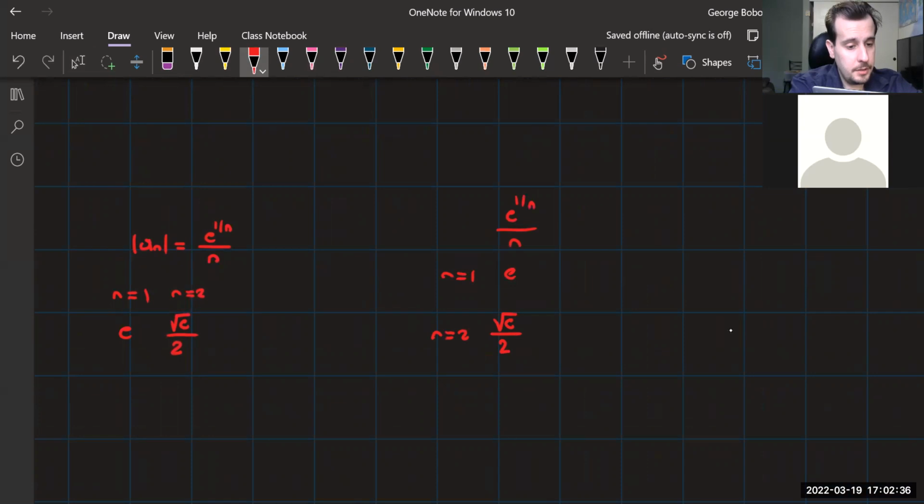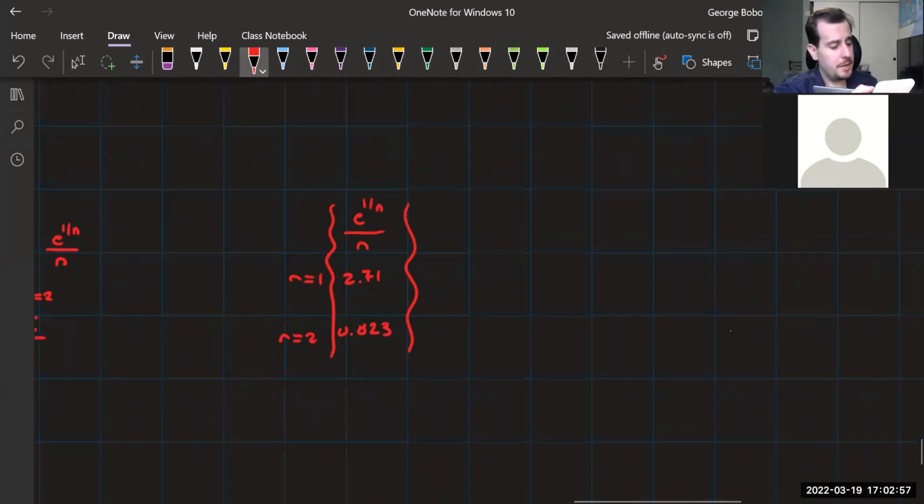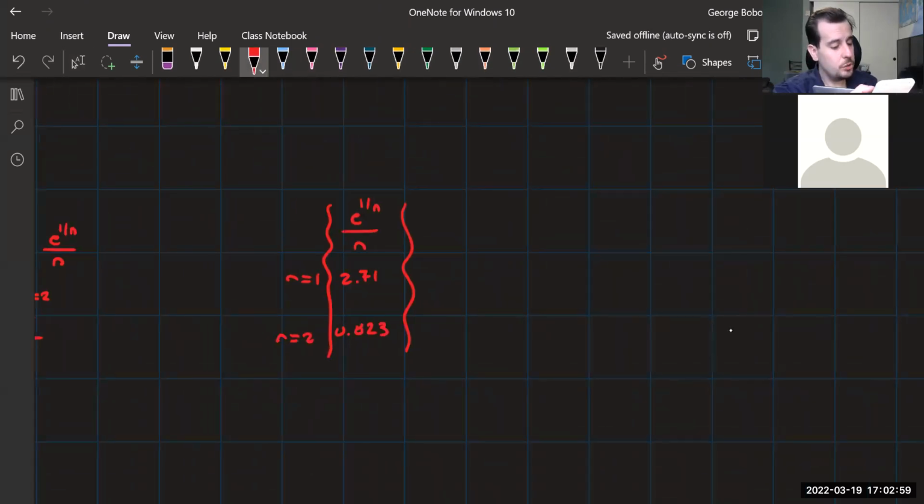Root of 2.71 divided by 2 is around 0.823.